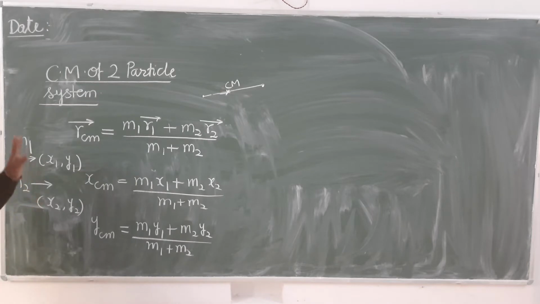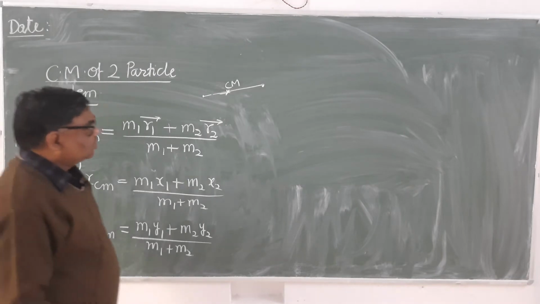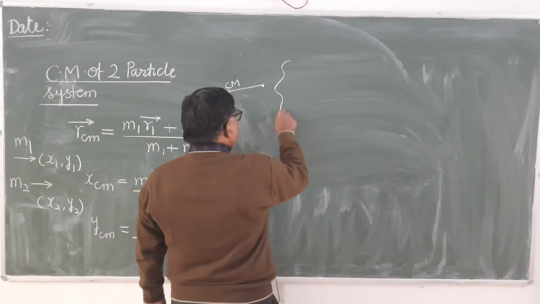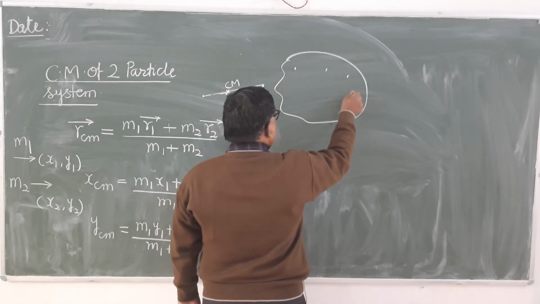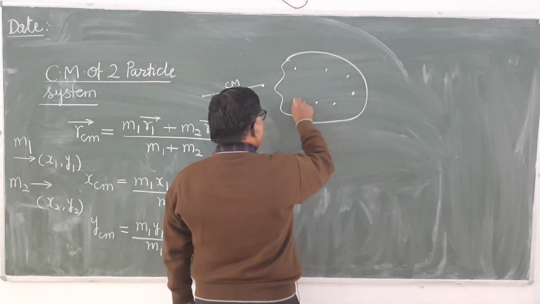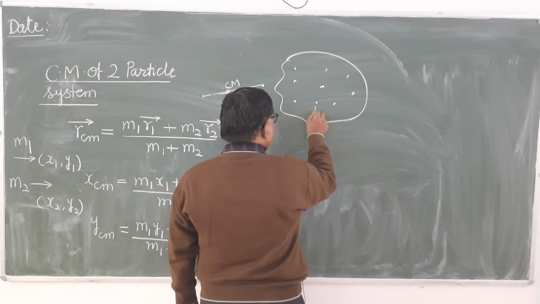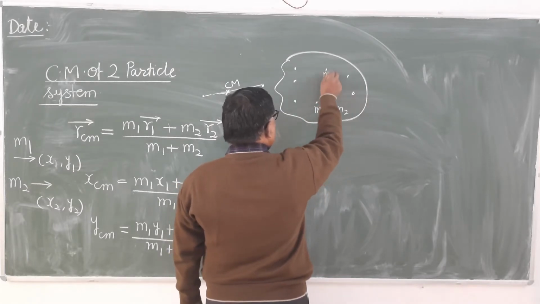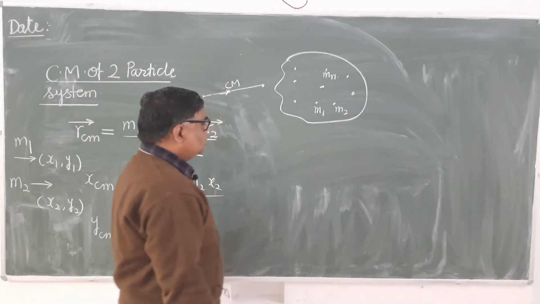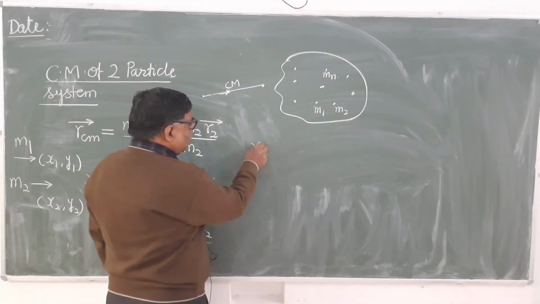Now the same idea is extended if the system comprises n particles. Suppose this is a system in which there are n particles, m1, m2, up to mn. So what will be the center of mass?